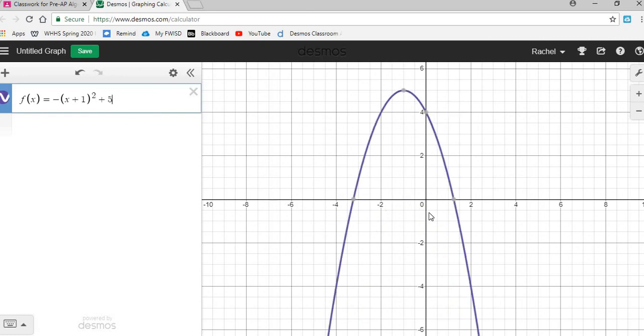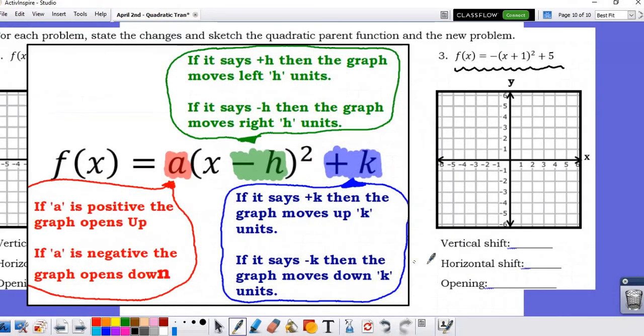Okay, so remember my graph would always start here at 0, and it looks like it moved to the left and it moved up. So it moved left 1 and up 5, and this time my graph opens down. It looks like an N. So vertically, let's see, it shifted up 5, it shifted left 1, and it opens down.